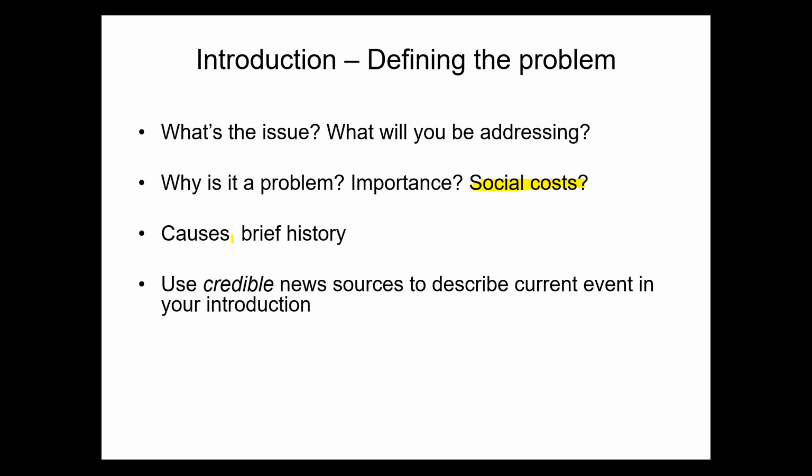As with any introduction, you might want to back up just a bit, give me some causal factors, or perhaps even a recap or a brief history of how we got to where we are right now. The focus of your paper, of course, is what's happening now, or reasonably current, because peer-reviewed academic journals take a little while to get published. So something that happened today, you would not have a peer-reviewed journal on it, but you want to be as recent as you can.